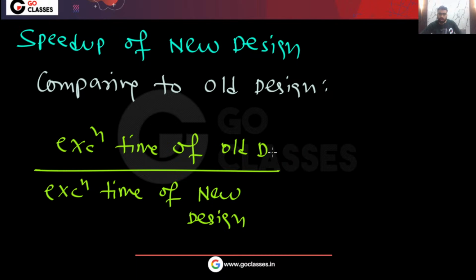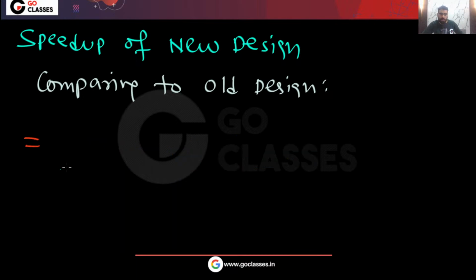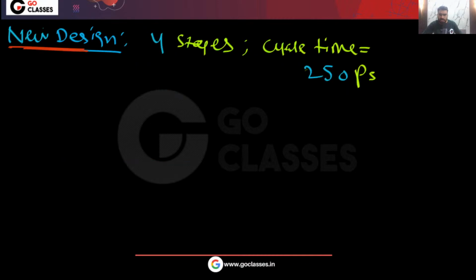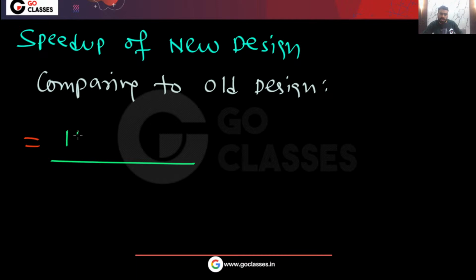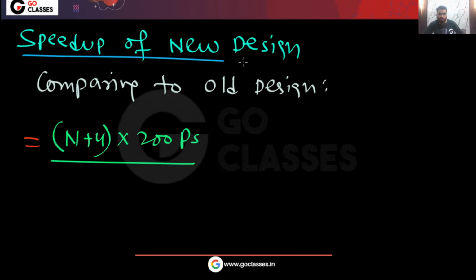Now if you have a total of n instructions, what is the execution time of the old design? That is 5 plus n minus 1, that is n plus 4, into 200 picosecond, divided by the execution time of the new design.